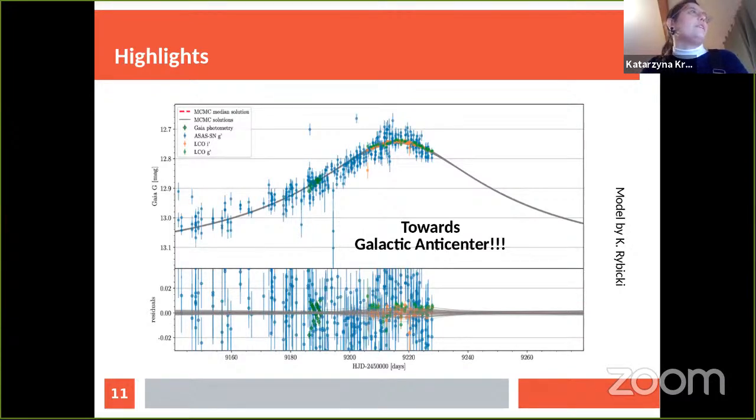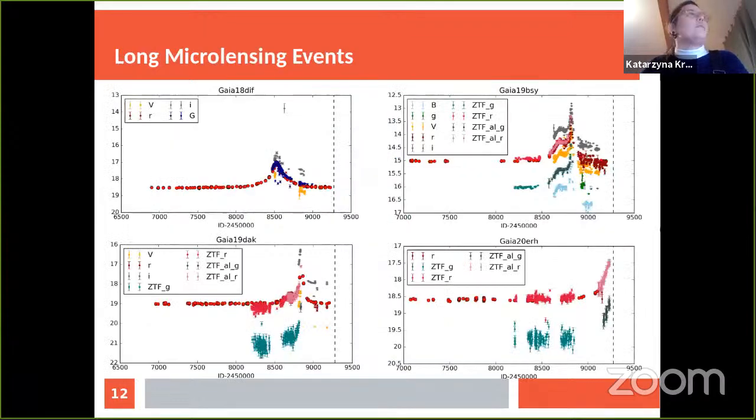And speaking of long events, Gaia has also detected many of those. Some of them are presented here. It's still unclear for some of them whether they are binary events or parallax events. A parallax event occurs when the microlensing event is long enough that we have to include the movement of the Earth in it.